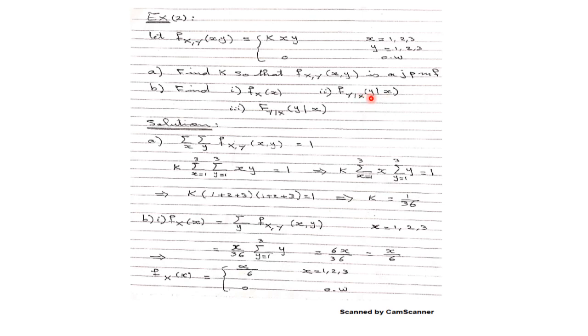This conditional probability mass function has to be the joint divided by the marginal of x. The marginal of x is what we got, this one. So that means you want to divide this kxy, and k now is what? 1 over 36 divided by what? X over 6.